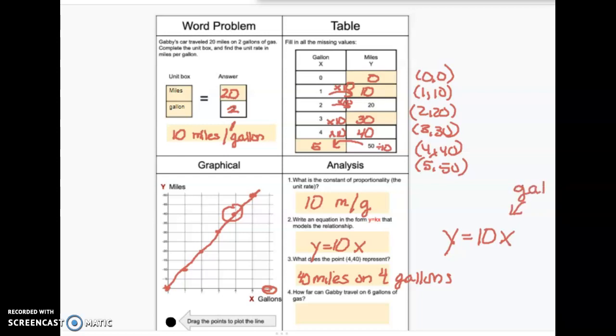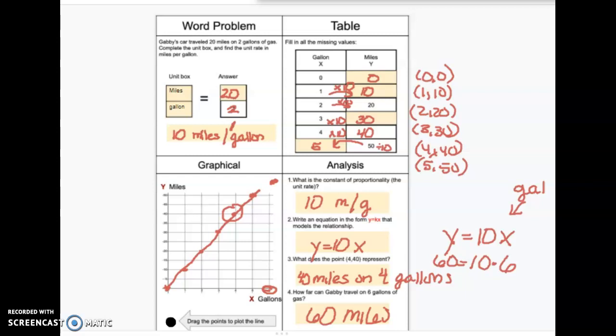So instead of the x, if we make that 6 gallons and we multiply it by 10, we can see that we get 60. So how far can Gabby travel? She can travel 60 miles. And we can actually see that on the graph right up here. 40, 50, 60 would be up here somewhere, and the line would go right through it.